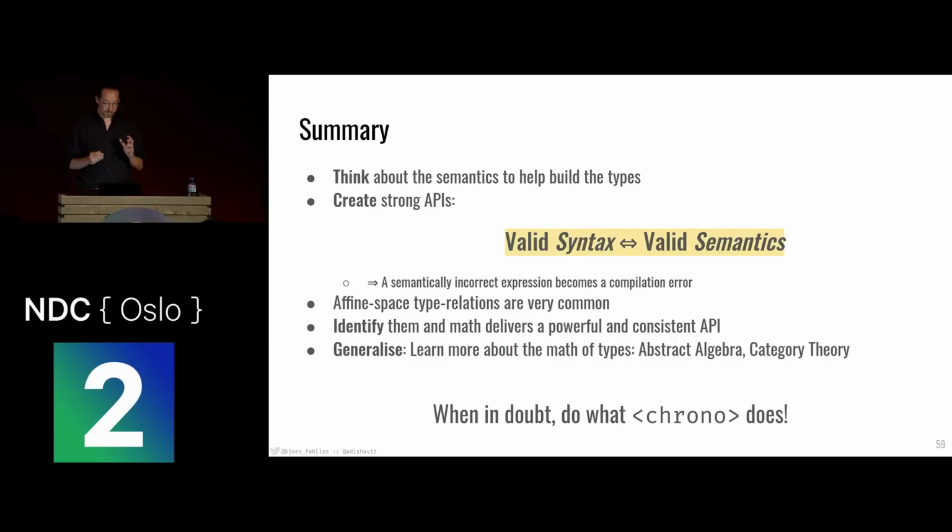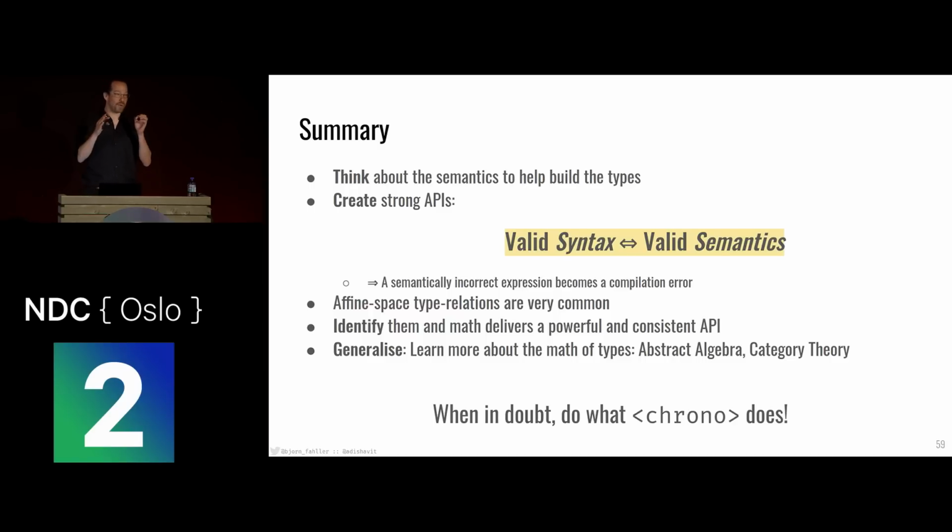Now, to summarize, I think the main point of the talk is not just the fact that we already know affine spaces and go and look. Once you start looking at your code, knowing this, because you've already seen it before, you might try to apply these concepts to your own APIs. But I think the message is much more powerful than that. It's about creating strong APIs. It's about having this if and only if relationship between the syntax and the semantics.